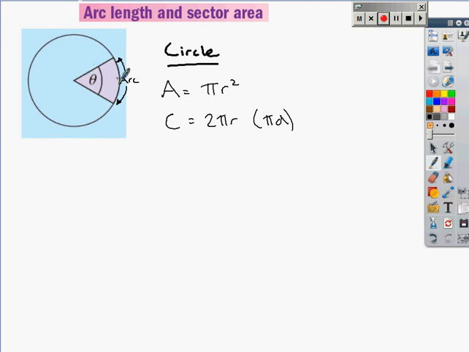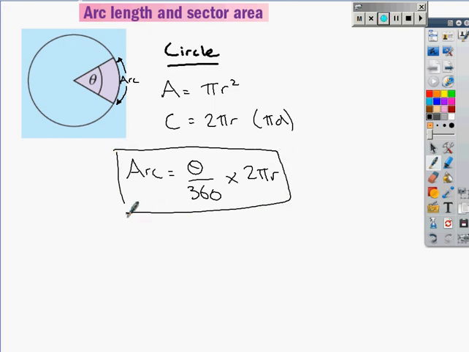So therefore the arc length here is that fraction of the angle out of 360 times the whole circumference. So my arc length formula is equal to theta, that's the angle, divided by 360, so that tells me the proportion of the distance I have to travel around, times the distance I would travel around, so times 2 pi r. So that's the formula for my arc length.